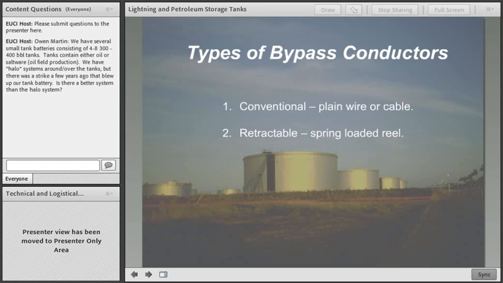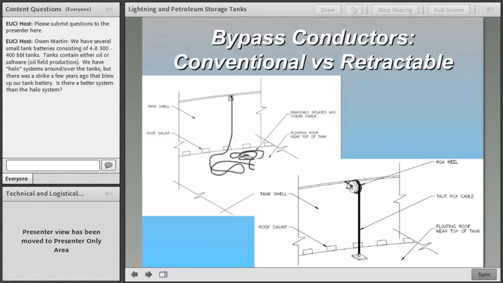The other type is a retractable bypass conductor, where you have a spring-loaded reel attached to the top of the rim, and the loose end would be attached to the roof.